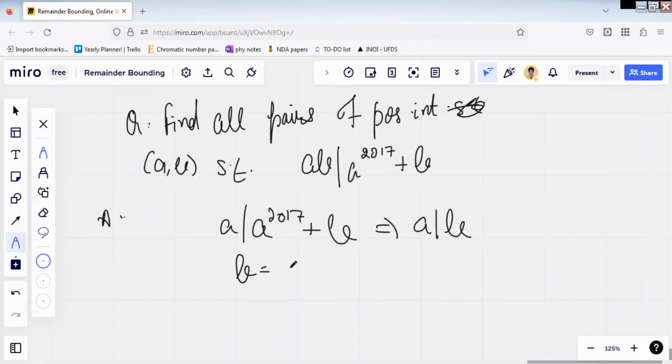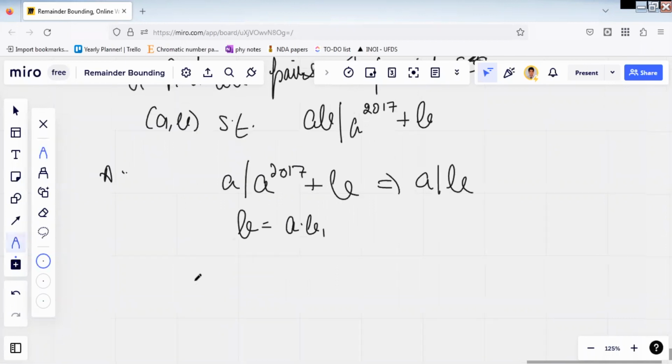We have A divides B, so we set B as A times B1. Then A divides B1 again.